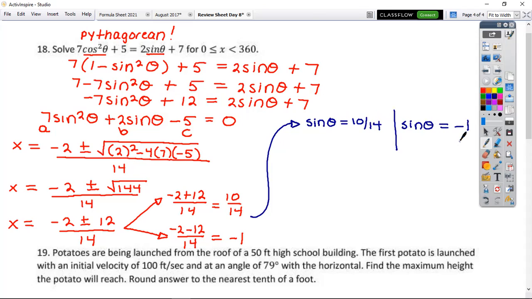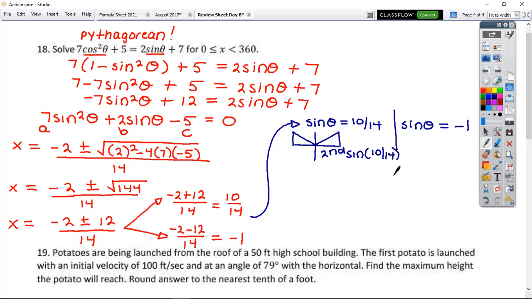So the left-hand side first gives me a sine value that is positive. Quadrant 1 and quadrant 2. So in your calculators, you're going to type in second sine, excuse me, of 10 over 14. Did I specify rounding? I don't think so, right? We'll go a whole number again, that's fine.